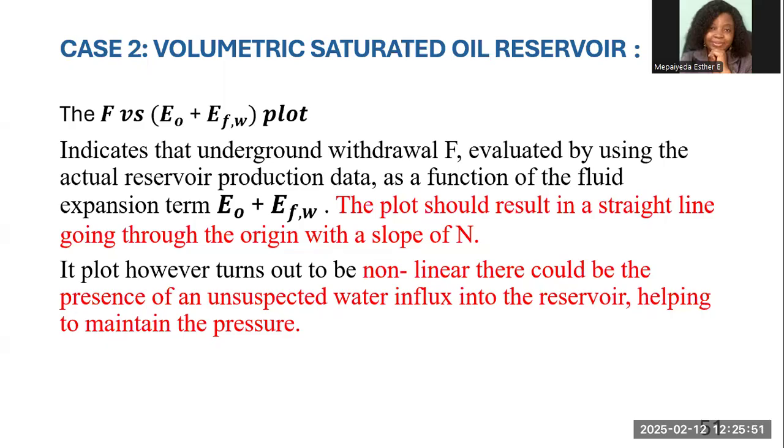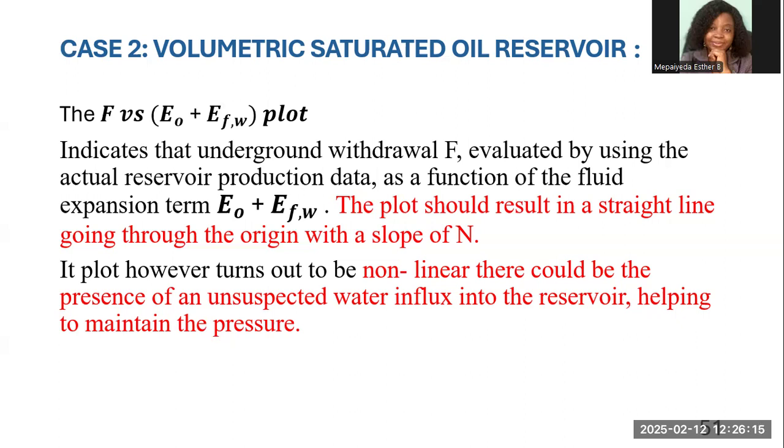So as you plot F versus Eo plus Efw, you take your slope. Firstly, the control point, your plot should go through the origin. It must go through the origin. And then the slope of that plot is your N. You can estimate your N, okay?